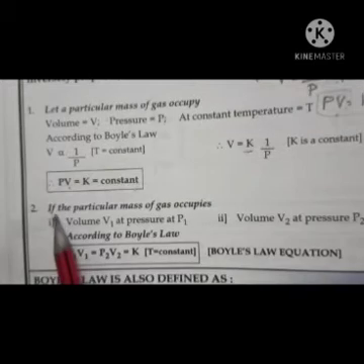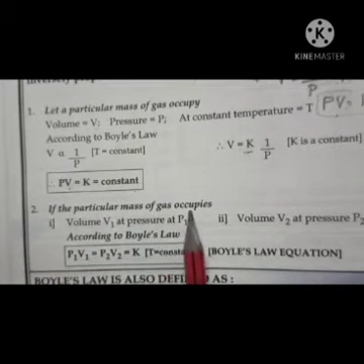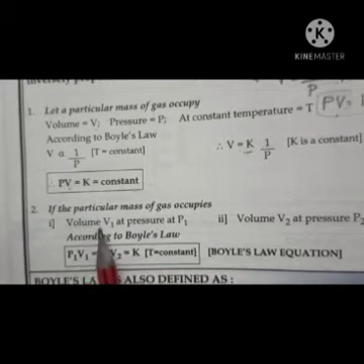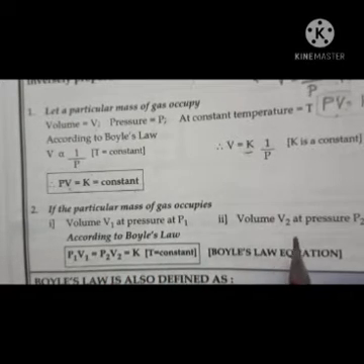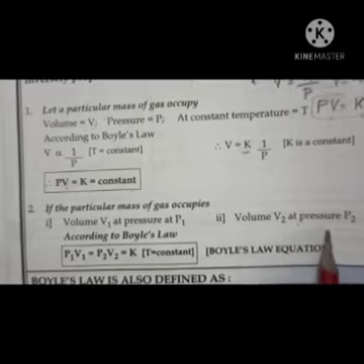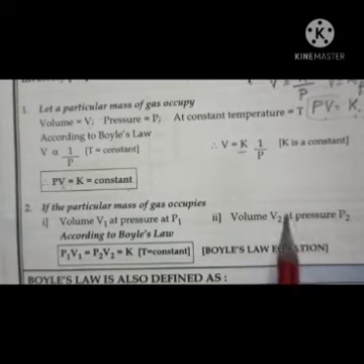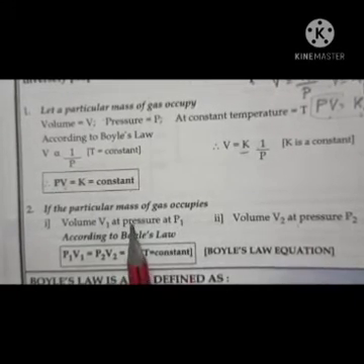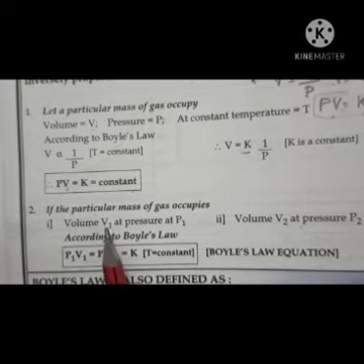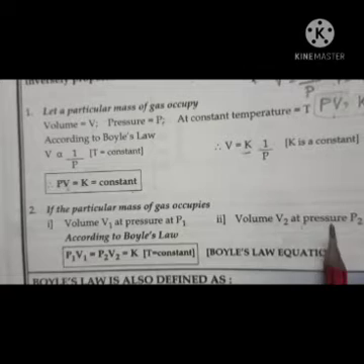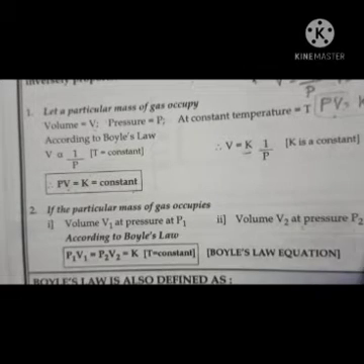Now suppose a particular mass of a gas occupies volume V1 at pressure P1 and volume V2 at pressure P2. Means the initial pressure is P1 and the initial volume is V1, but when you increase or decrease the pressure, the pressure is P2 and the volume becomes V2.